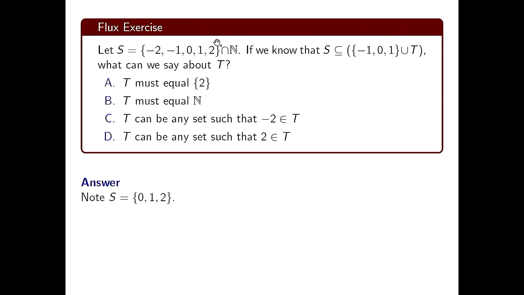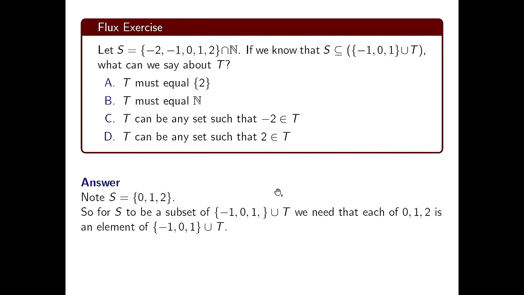Remember our naturals include 0, so this is S. Now, if we know that S is a subset of this stuff union T, then by the definition of subset, we need each thing in S to be in this set here, right?